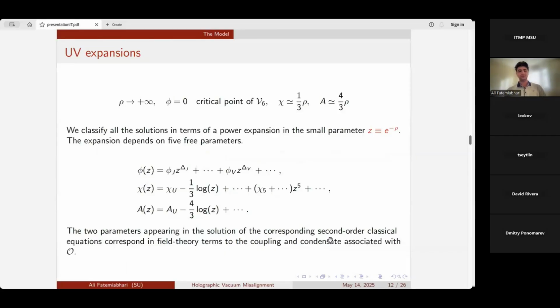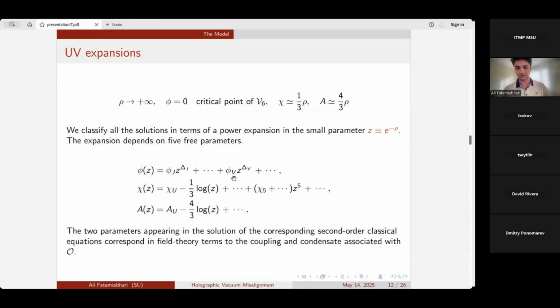So if we want to look at the UV expansions more explicitly, at large rho, phi goes to a critical value of the potential, and chi and a are chosen to satisfy the equations. So in terms of the z coordinate, with the coordinate change from rho to z, we have this famous expansion for the field phi with 2 integration constants.